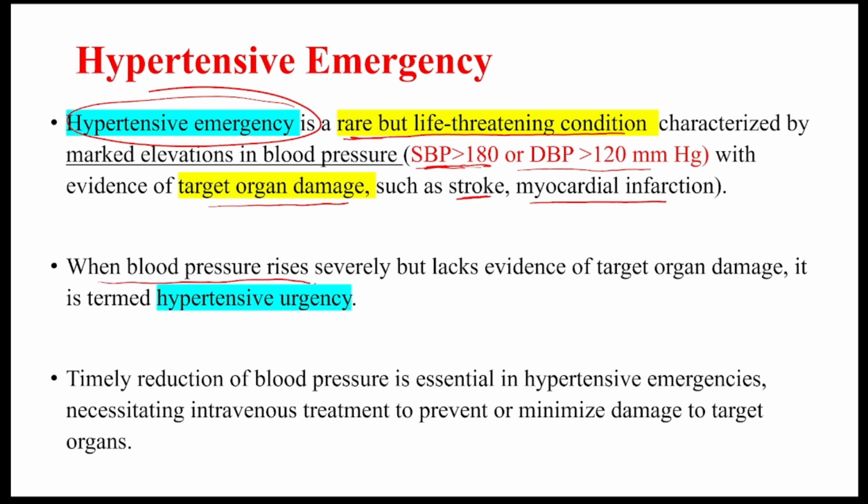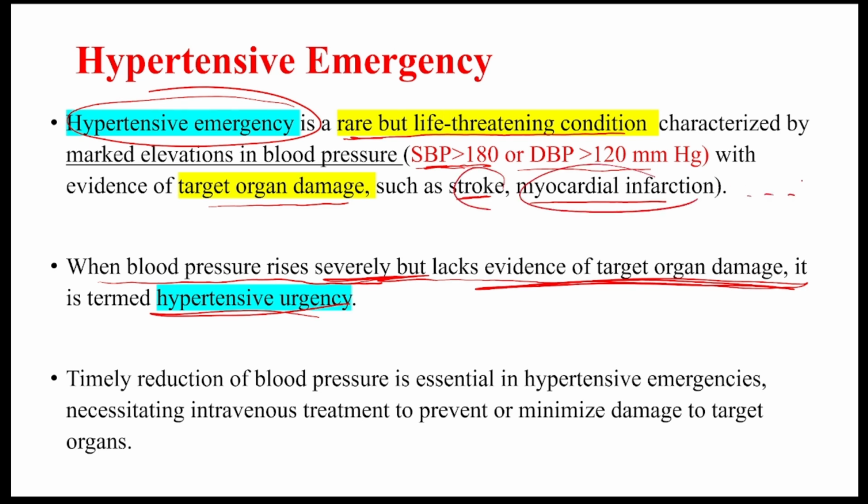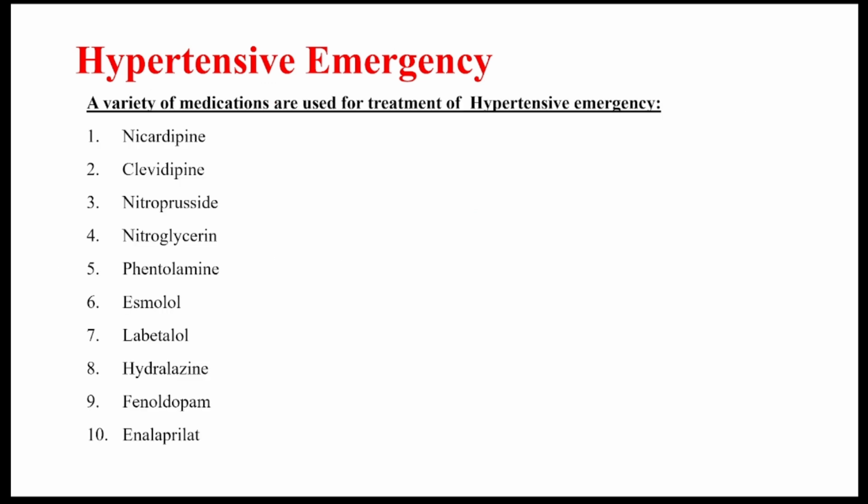We go with the same numbers here. The blood pressure rises severely, but we don't have any target organ damage. We call this hypertensive urgency. So we have a different approach according to the patient situation. If the patient suffers from stroke, myocardial infarction, and other cases, we call it emergency. If everything is normal, only blood pressure is severely high, we call it hypertensive urgency.